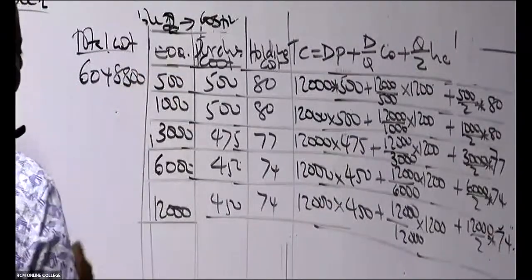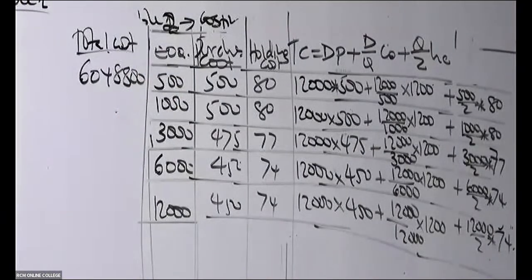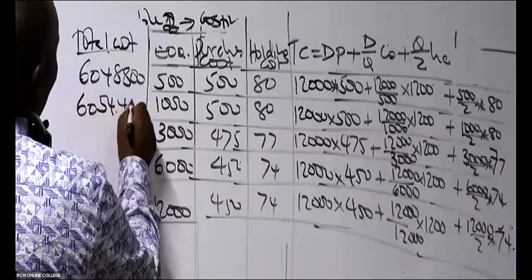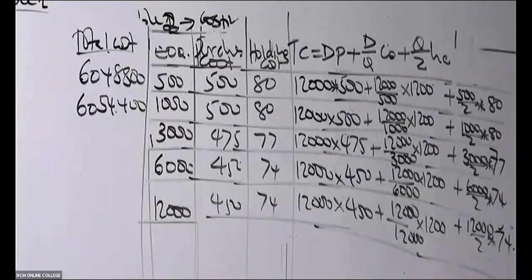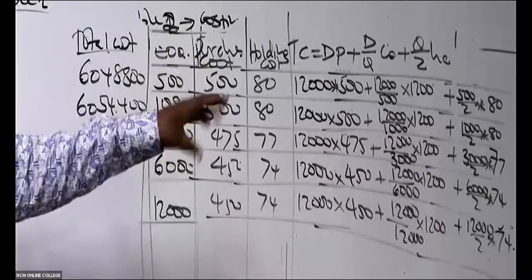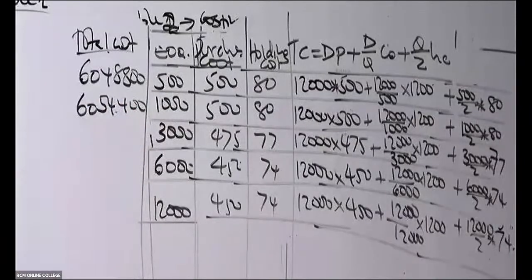So total cost according to Bahati, we have 60, 48, 800. How about the second one? 60, 48. Thanks, Francisca. 60, 54, 400. Thank you so much. I'm supposed to write them at the very corner there, equals, and then I write this. 56, 24, 400.